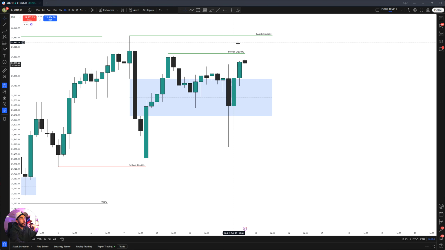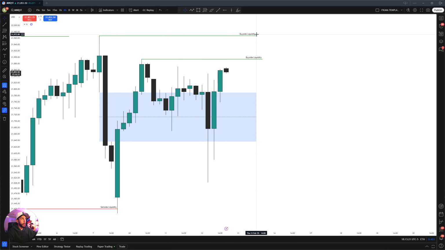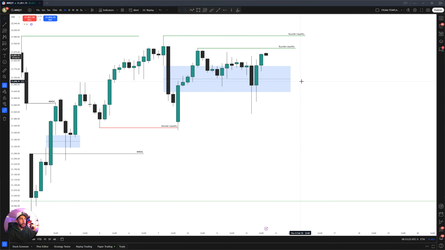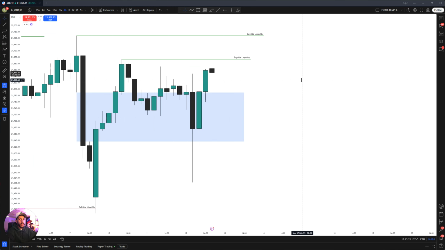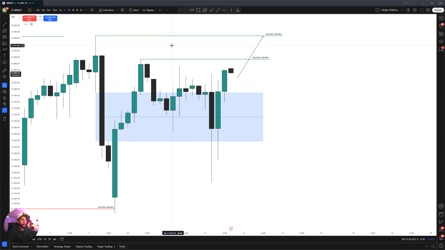But this is currently live price action, and we are going to be basically looking for these two highs to get taken, right? This is our next draw on liquidity. And because this is live and this is going to get posted, you guys can go and check this a few days later, but we will have absolutely taken at the very least this high, right?